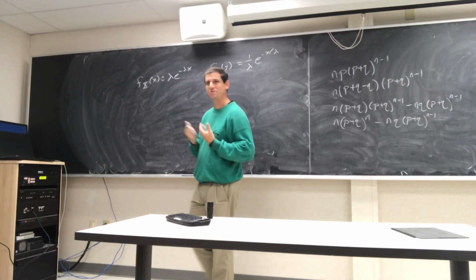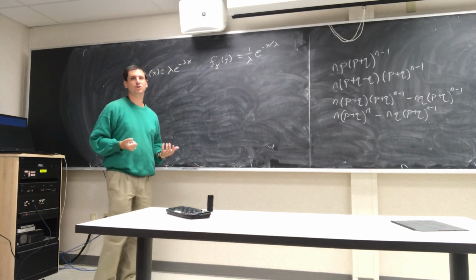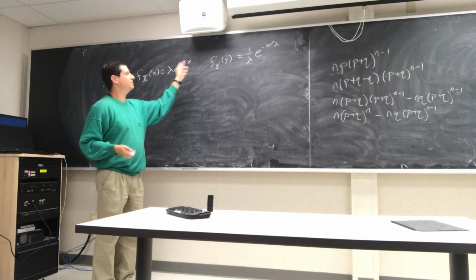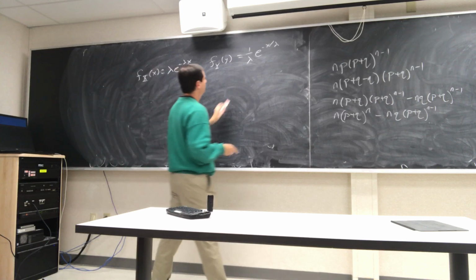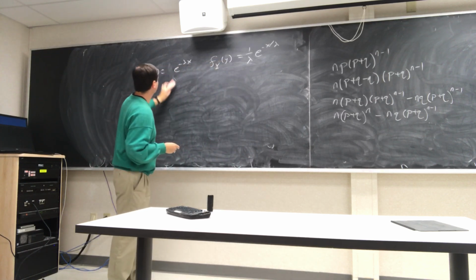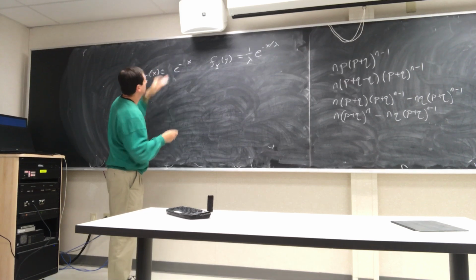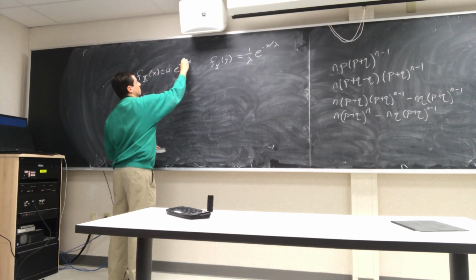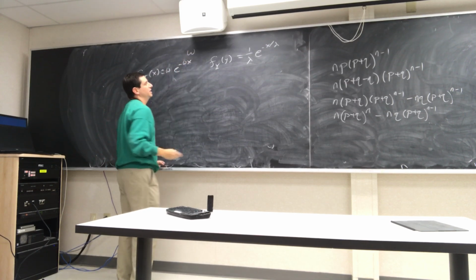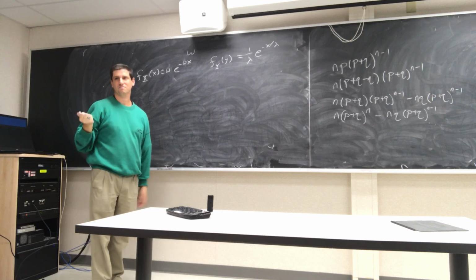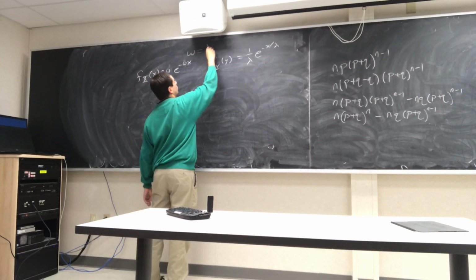I would much rather have my parameter be the mean than the reciprocal of the mean. Let's use a different letter. Let's use the letter omega here. What's the relationship between omega and lambda? Yeah, omega is 1 over lambda.